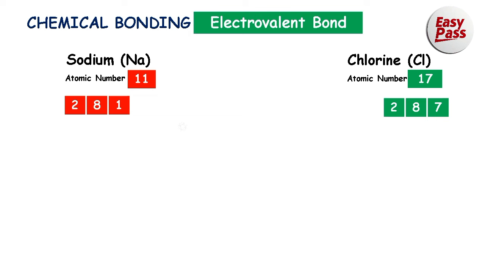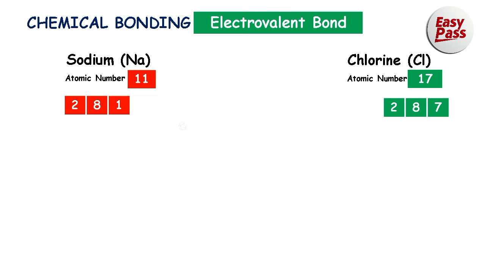In this context, sodium has to donate one electron from its outermost shell to chlorine, which makes sodium 2,8, and chlorine 2,8,8.